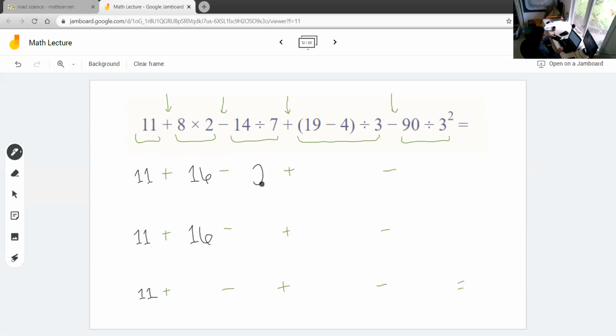2. Okay, let's make this one 2 steps. 15 divided by 3 is 5. Okay, and this one, yeah, we don't need this bottom stuff.